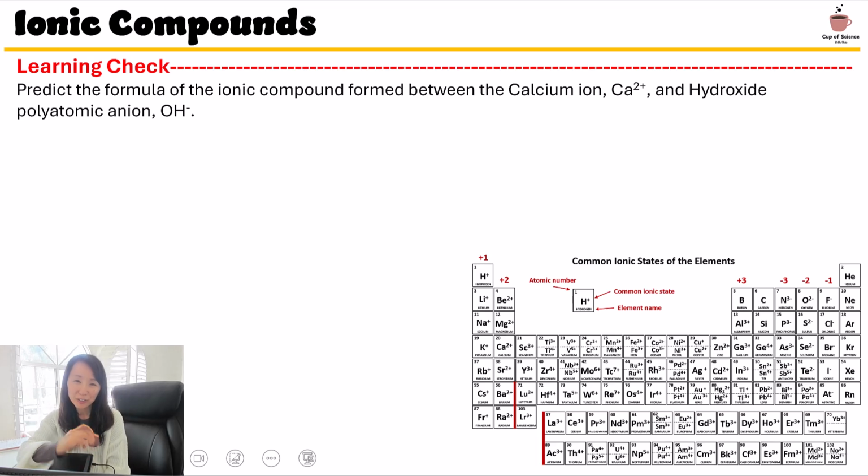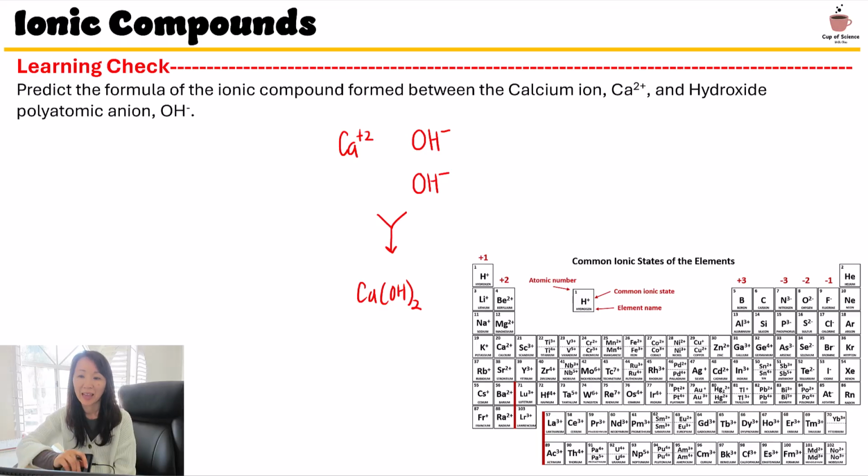Okay, so you're going to try this one and come back and check the key. And here is the key. You only need 2 hydroxide to cancel out 1 calcium +2. To indicate that there are 2 of the polyatomic ion, you do need a parenthesis and then put a little 2 to say that the whole entirety of the hydroxide, 2 of them, is needed, not just hydrogen.